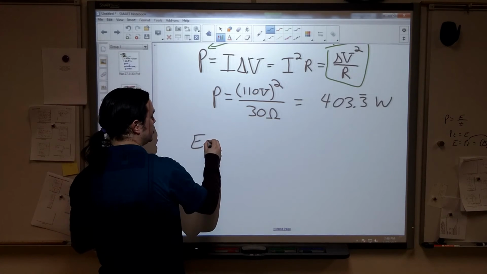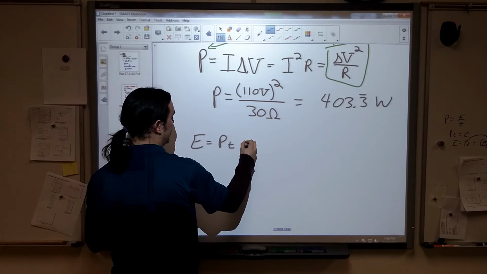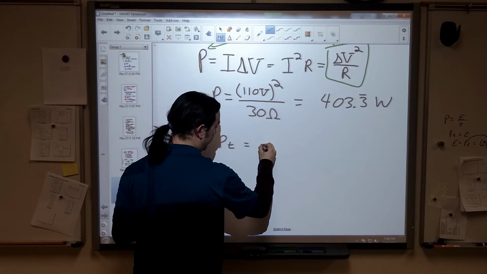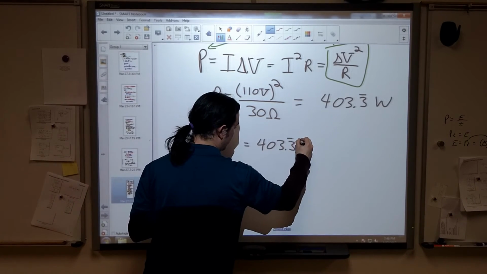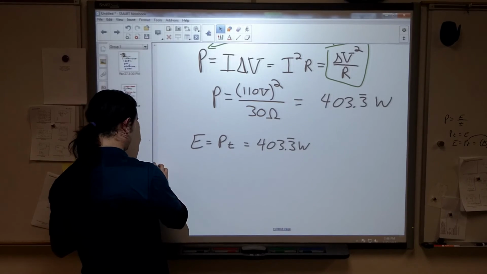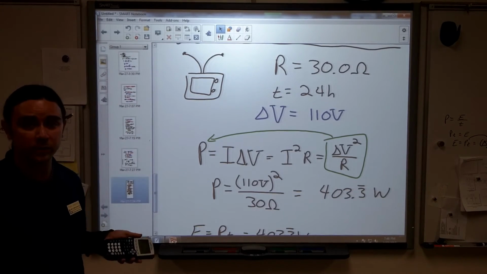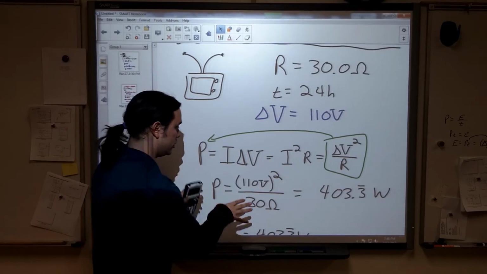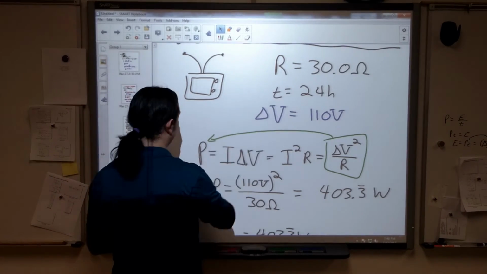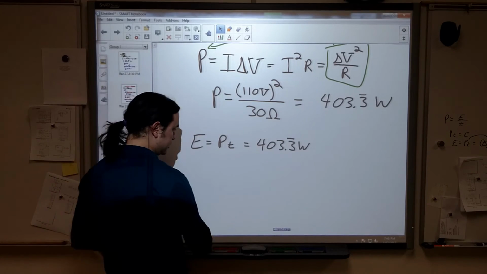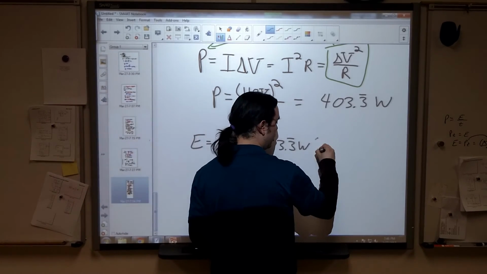If I want to find the energy, that's going to be equal to my power times my time, which will be this value, 403.3 repeating, if you prefer. Normally we don't keep that many, but again, we've run into issues with rounding errors with the online system, so for this, I'm going to leave that for now. We leave it on for 24 hours, not necessarily a good thing to do.